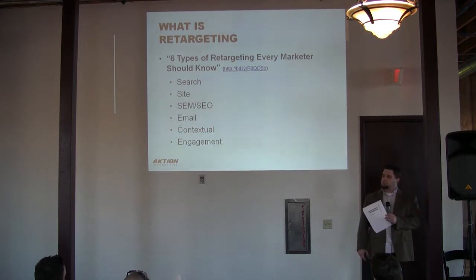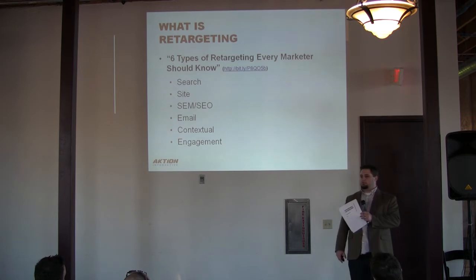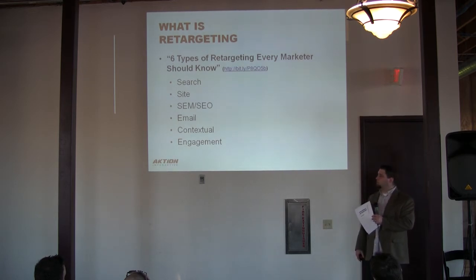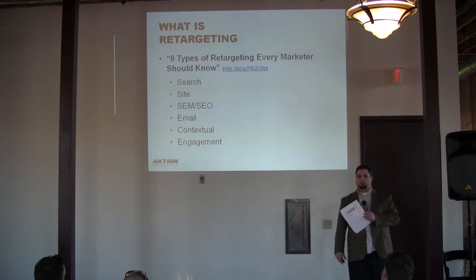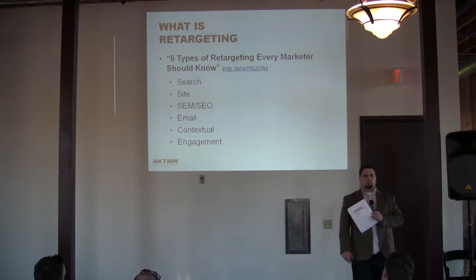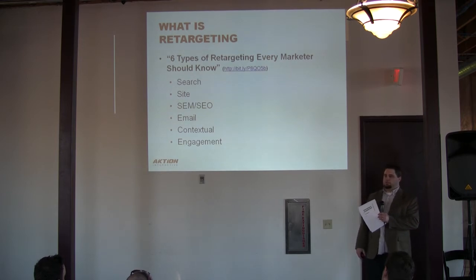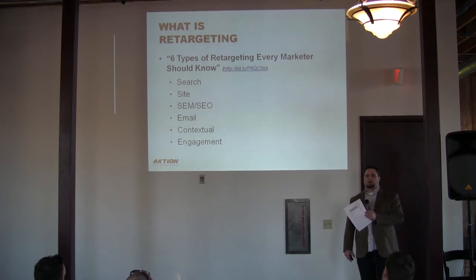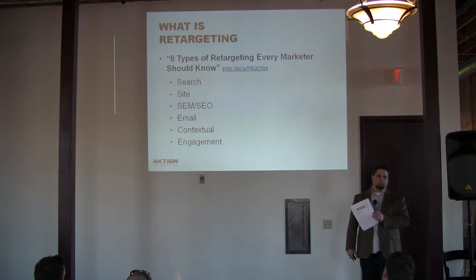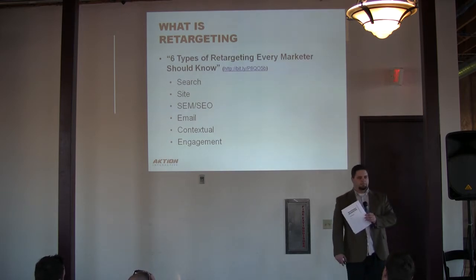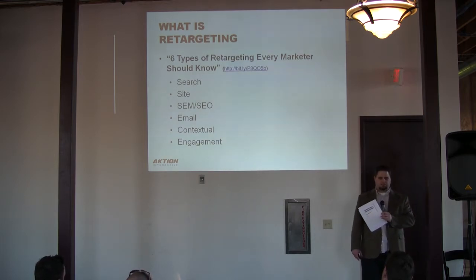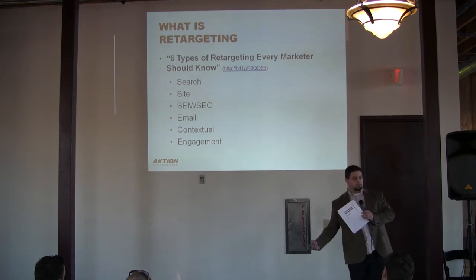Email: retargeting people based on whether or not they've opened your email or clicked through on your email. Contextual, which is the one that a lot of people like to hear about and think is pretty cool, is basically retargeting somebody based on other sites that they have been to that may be related to your site. Not the easiest thing in the world to pull off all the time, because obviously you don't usually have access to a lot of other sites.